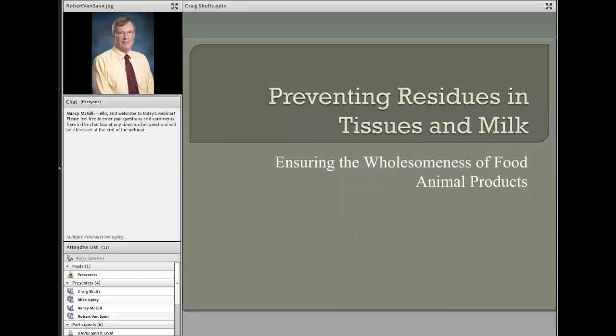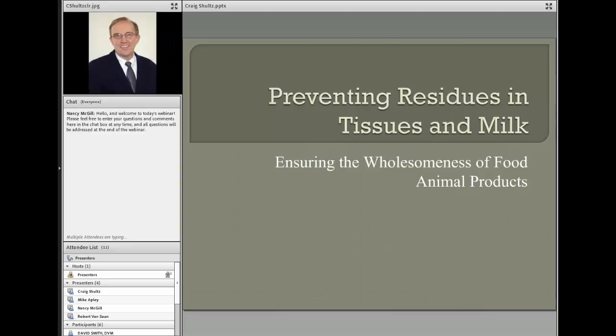We'll start in with Dr. Craig Schultz. I'll introduce Dr. Schultz. Dr. Schultz is a native of northeastern Pennsylvania, grew up on a 60-cow registered Holstein family farm. He attended Cornell University, did his bachelor's degree there, and then went on and completed his doctorate of veterinary medicine.